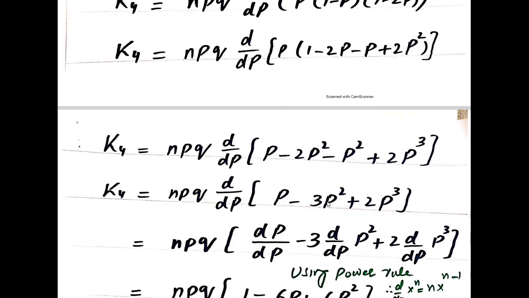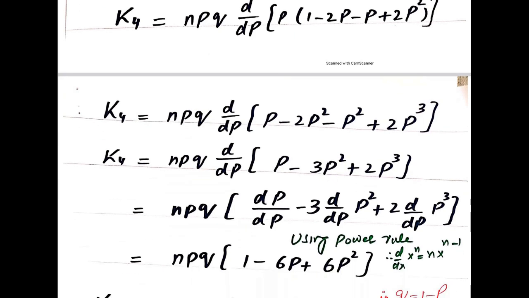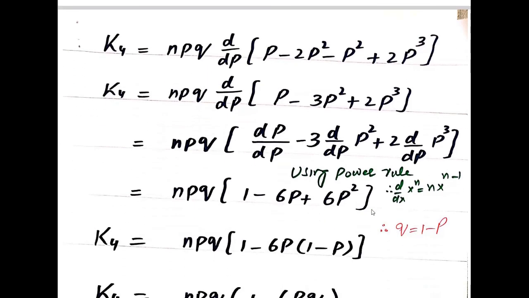Apply the derivative inside. As you know the rule for applying derivative of subtraction and addition, we apply the derivative to each term and the sign remains the same, minus as it is and plus as it is. By using the power rule, which is n into x to the power n minus 1, we multiply the power with the coefficient: 3 multiplied by 2 gives 6, and decrease p power by 1, we are left with p, plus similarly 6p square.